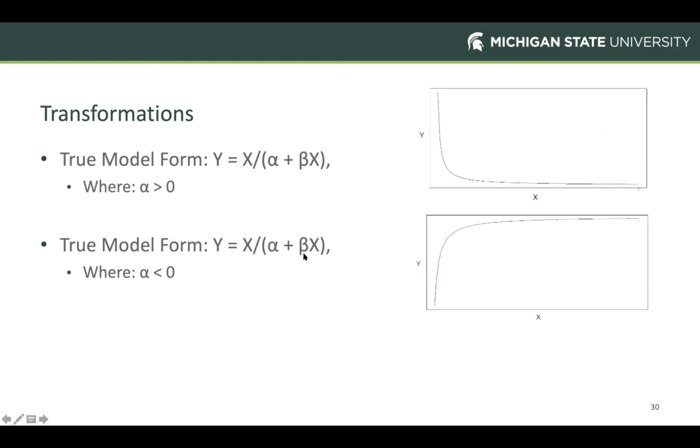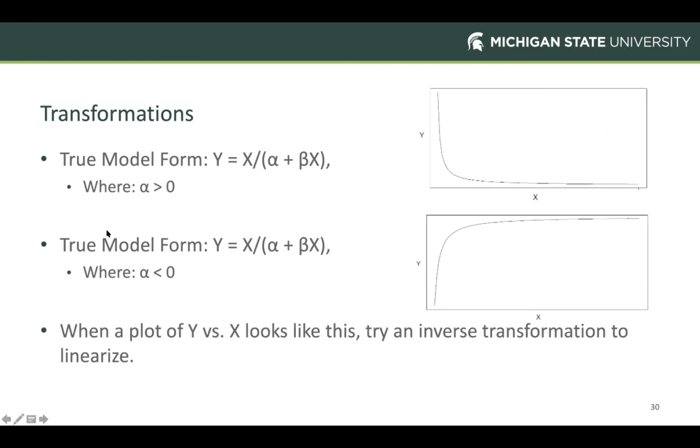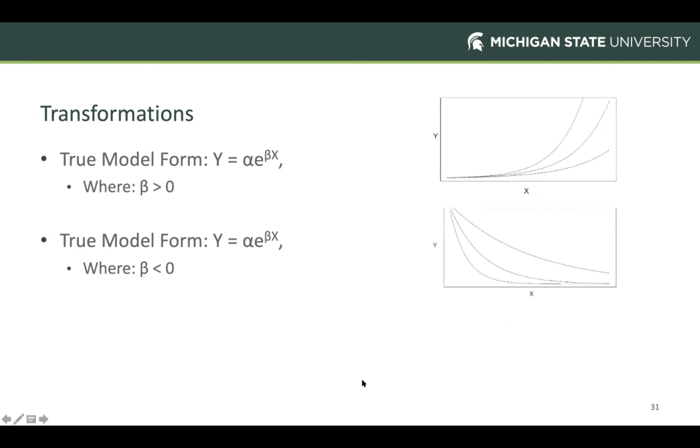On the next slide, you'll notice very rapid changes in y at small values of x, and then we start to taper off and asymptotically approach some limiting values. In this case, the appropriate transformation would be simply to take the inverse of y, as the case may be, and that would translate this relationship into something closer to linear in effect.